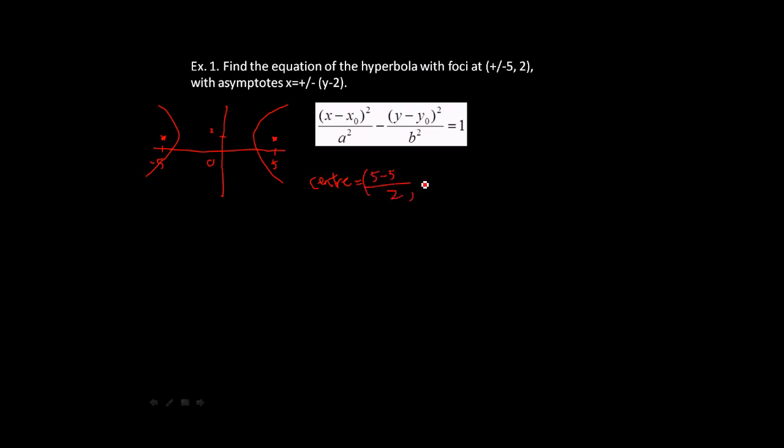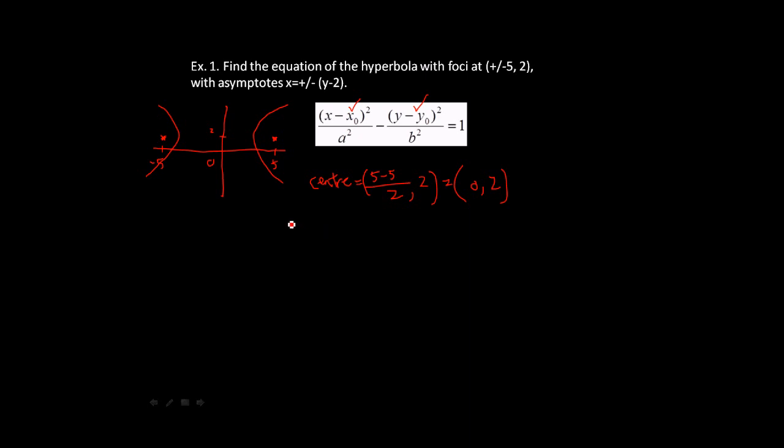And for the y-coordinate, because it lies on the straight line passing through the two foci point, which is the transverse axis, we have the y-coordinate as 2. So therefore we have 0 and 2, which is x0 and y0. Alright, the center.